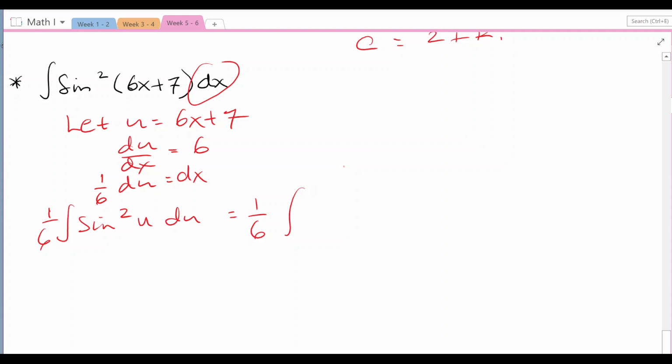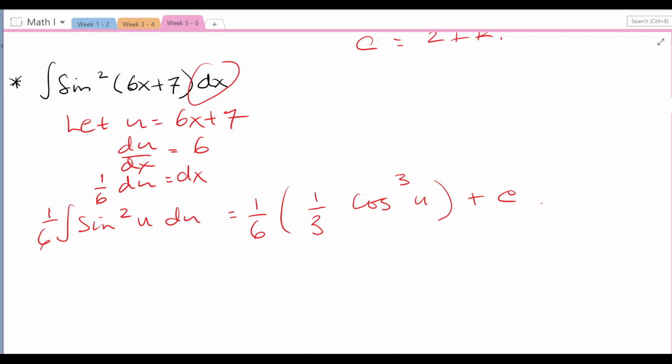We can take the integral of that to be 1 over 6 times 1 over third, integral sine will be cos, then it becomes cos cube u plus c.